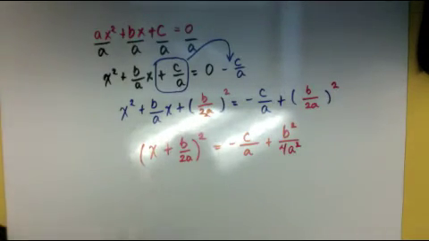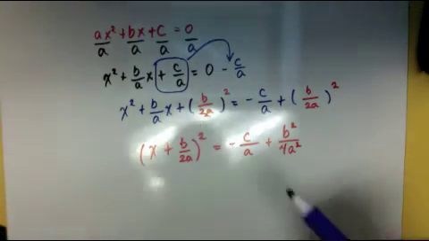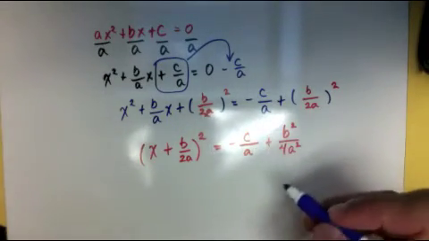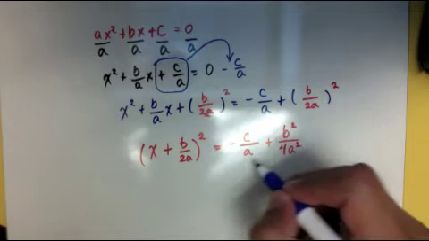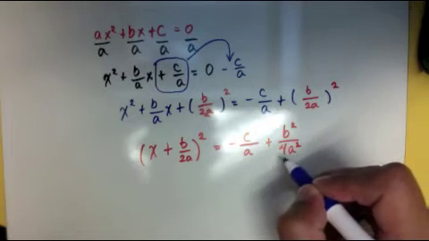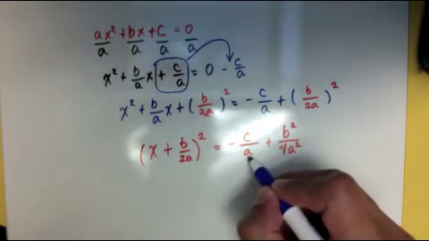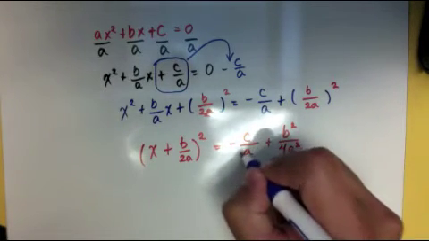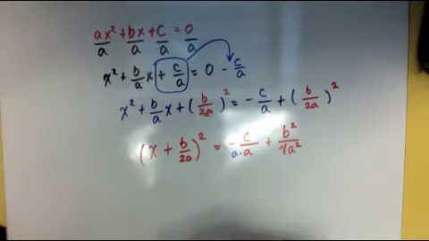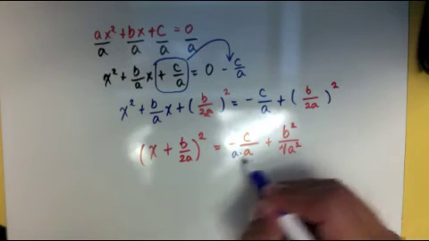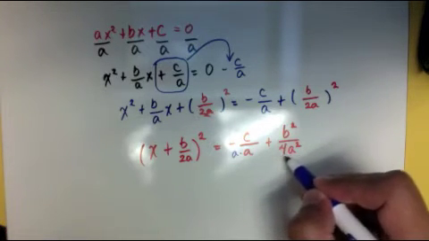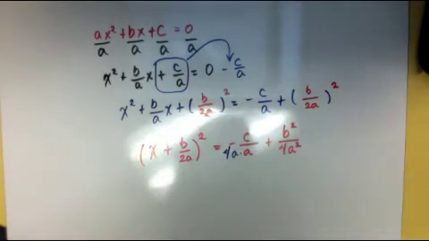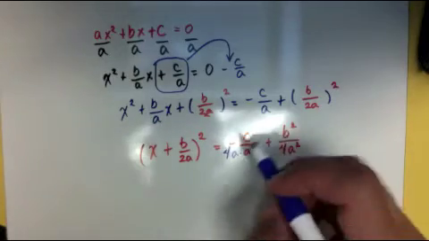Now before I continue, if you notice, I have fractions over here, and I want to simplify this. So I'm going to combine, but I need common denominators. We have an a here, and this guy over here has 2 a's. So I'm going to multiply this guy by the letter a, so we can have a squared. This guy also has a 4, so this guy over here is missing a 4, so I'm going to multiply it by 4. That should give me the common denominator.